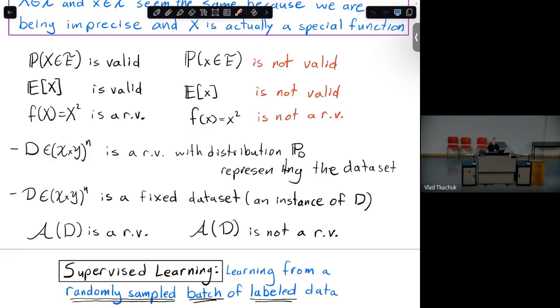And then we're going to end up returning and talking about it as, okay, this thing's actually random and so on. So at the end of the day, hopefully I'll make it clear, there's going to be a distinction between thinking of the learner as a random variable and thinking of it as not a random variable when we pass in just the calligraphic D. And this will be important because the short story is that we're going to think of it this way to begin with, as I'm going to explain today, and then we're just going to consider it as a normal function.